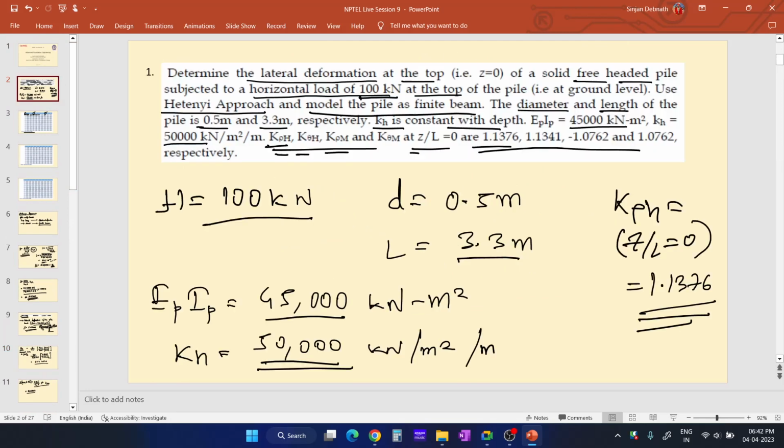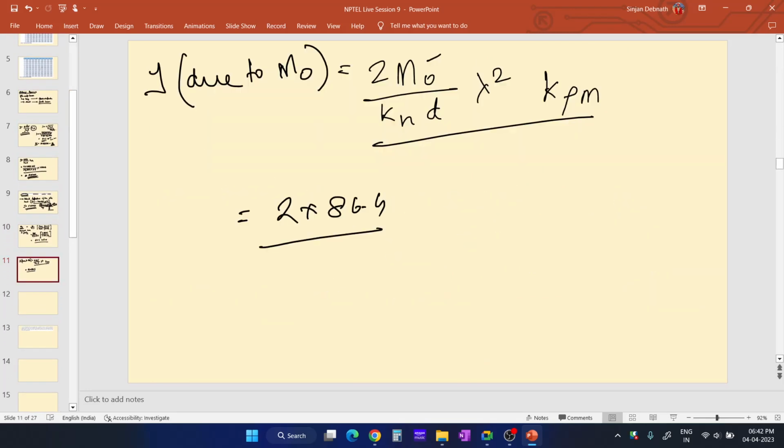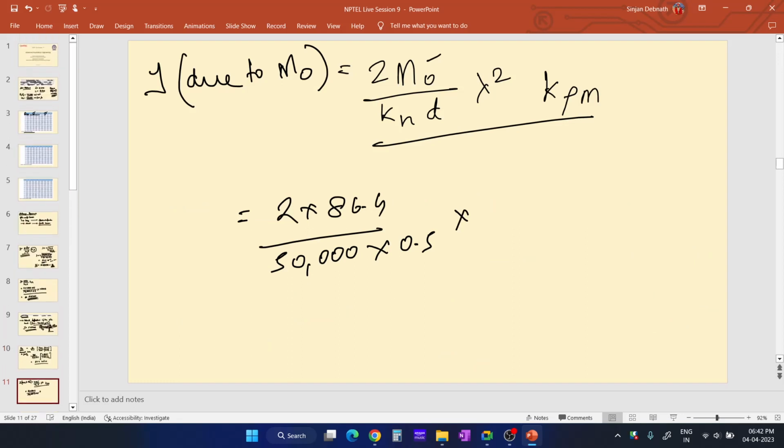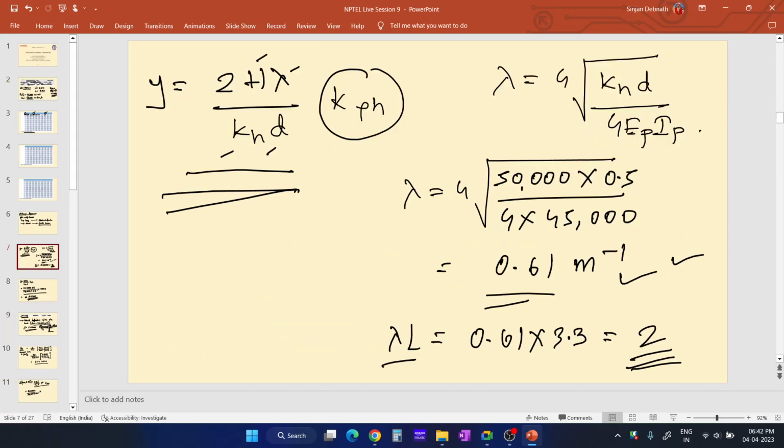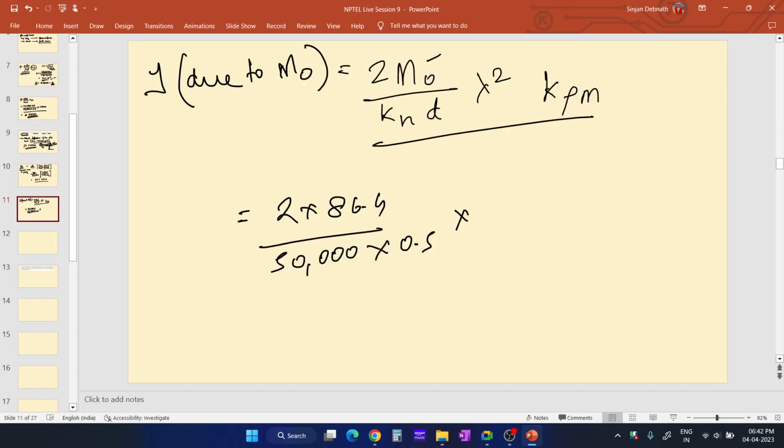Kh is 50,000, which is given in the first question. The diameter of the pile is 0.5 meter. And lambda is 0.61 meter inverse, which we have already determined in the first question.